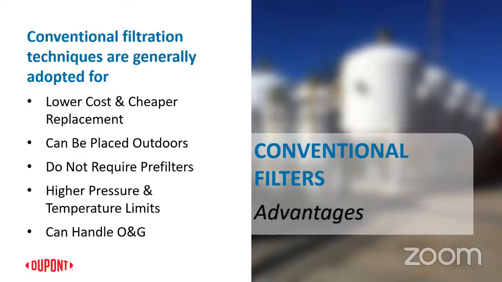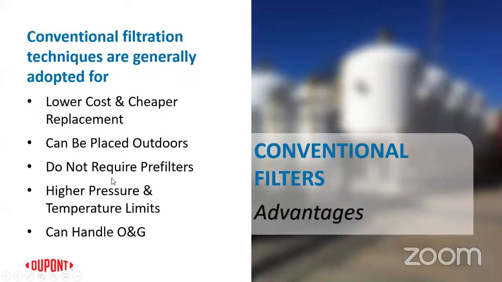The advantages of the conventional technologies are that they are lower in cost and cheaper in replacement. They're robust. They process more water per unit size. They can be placed outdoors. They do not require pre-treatment.